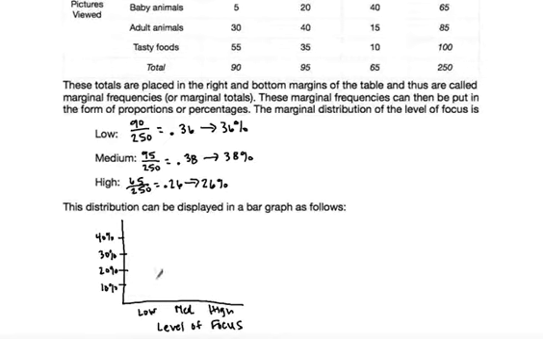For our low, we had 36, and so we would go a tiny bit above, halfway between 30 and 40. Remember, in a bar graph, our bars do not meet. Medium was at 38%. And then high was at 26%.